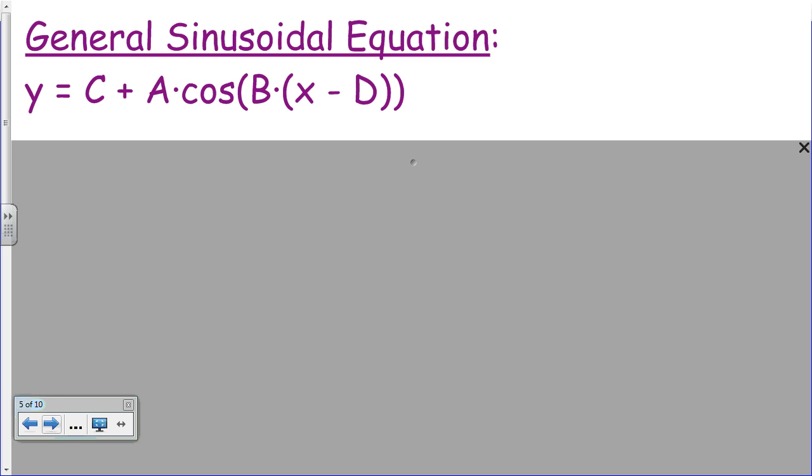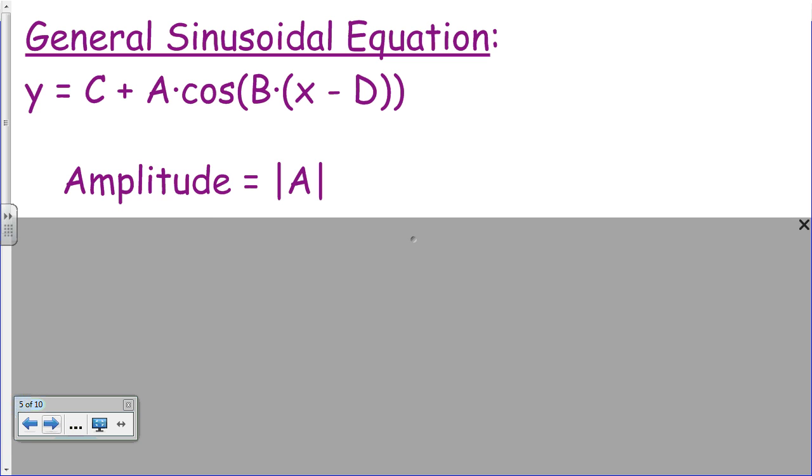All right, so let's look at what each one of these represent here for us. So let's just go in order here, alphabetical order, I guess. So the amplitude is actually the absolute value of A. Now the amplitude there is always positive, and that's why we take the absolute value of A, because A could be negative. So basically ignore the sign there of A to get the amplitude.